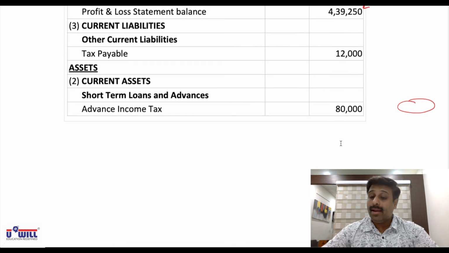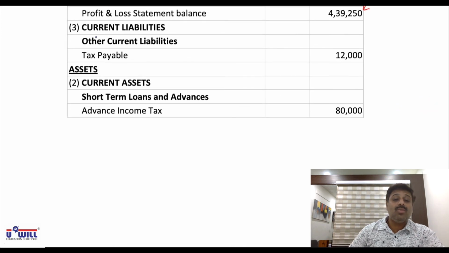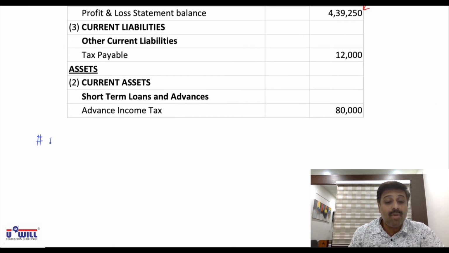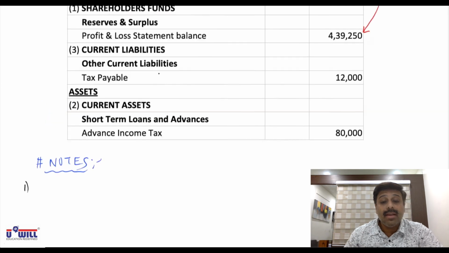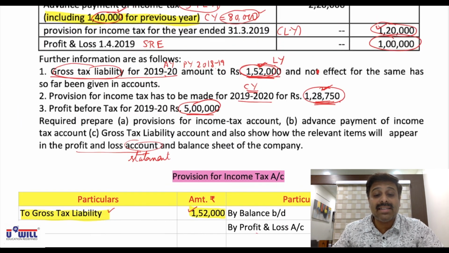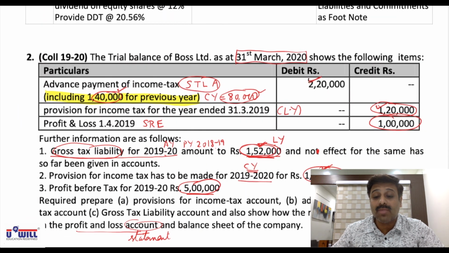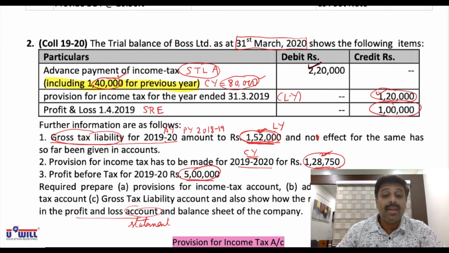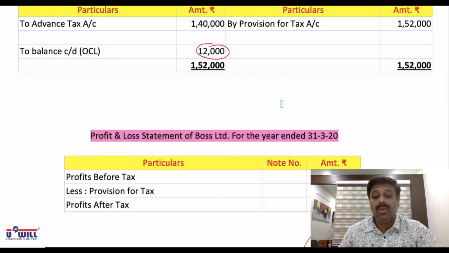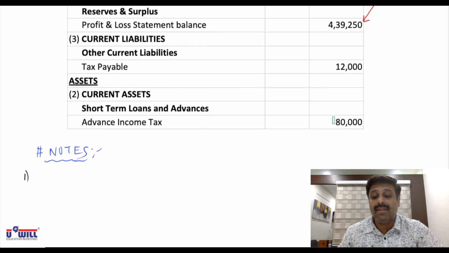Now, after solving this question, what things you have to remember from long questions point of view, understand it properly. First thing you have to remember is, in trial balance, whatever advance tax is given to you, from that, current year's advance tax will come in short-term loans and advances.